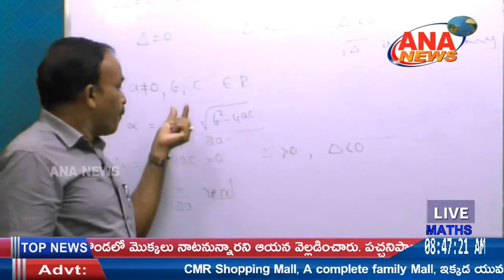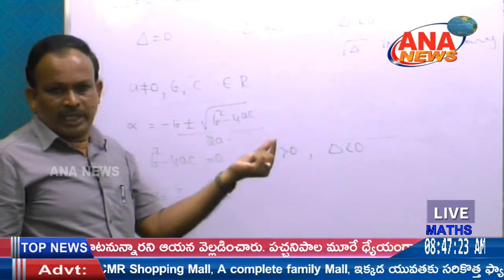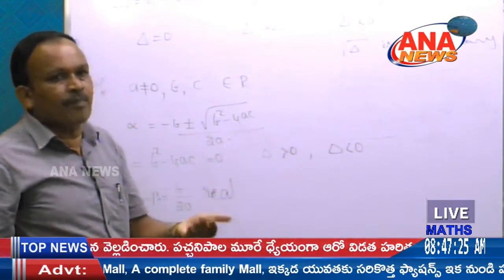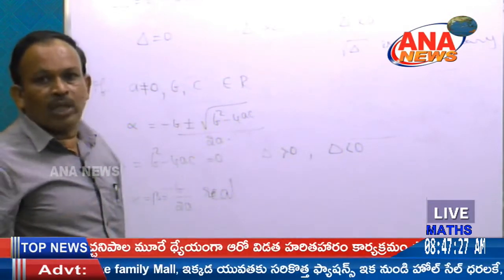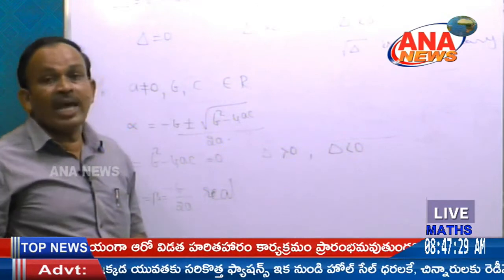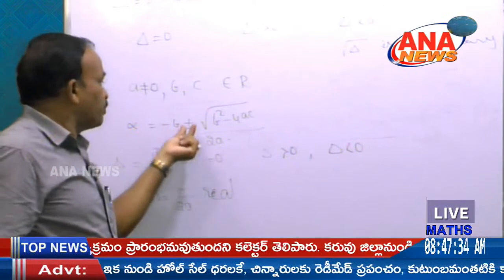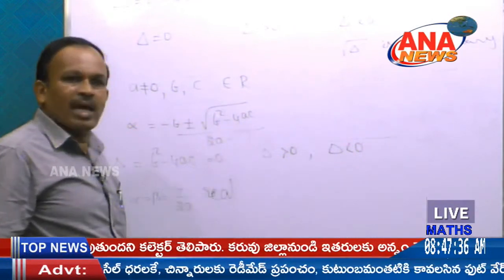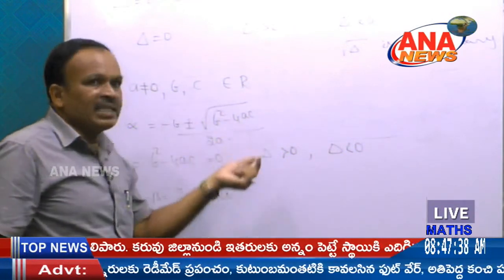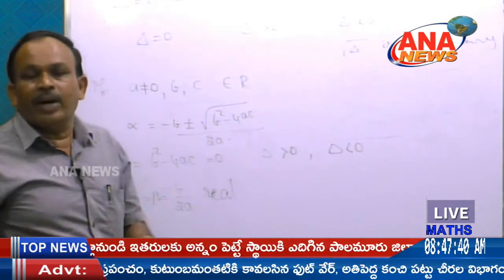Minus b plus a positive quantity is automatically more than minus b, right? So minus b plus something is more than minus b, and minus b minus something is less than minus b.